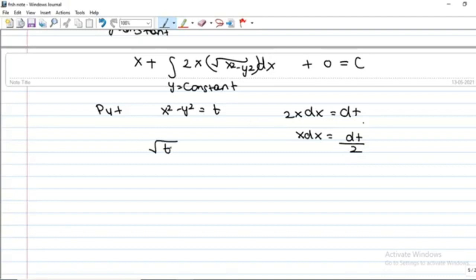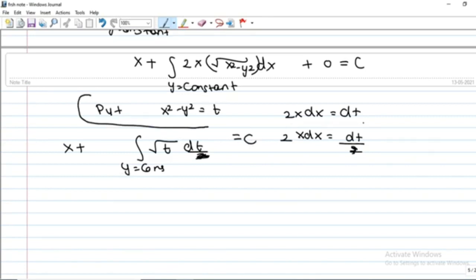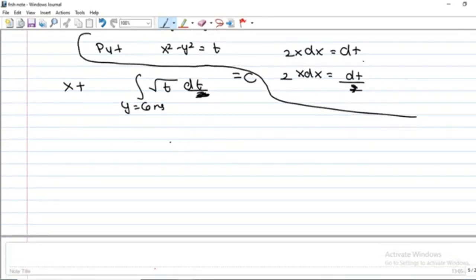We are left with under root t, y constant, x as it is, into dt, because there is 2x dx, so we can call it dt only, equals c. If I simplify, this whole part is integration which you learned in class 12. If we solve it, we get t to the power 3 by 2 upon 3 by 2 equal to c, which is our answer in the final step.